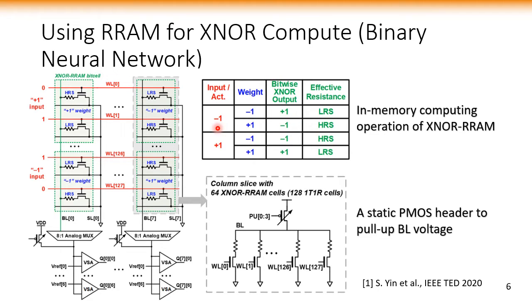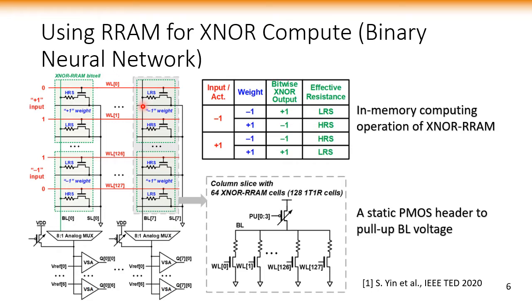If the input is -1 and the weight is -1, then we are going to have a +1 output, and the effective resistance from the 2T2R bit cell will become a low resistance state. You can also refer to the truth table to interpret the other logic functionality here.